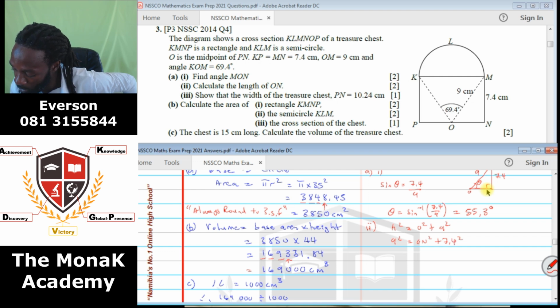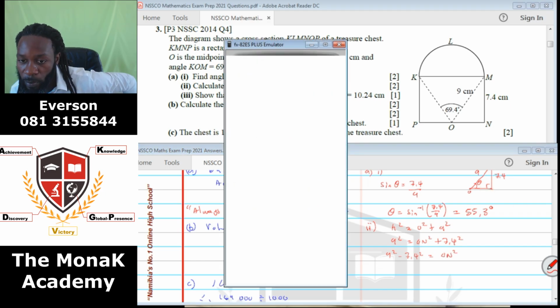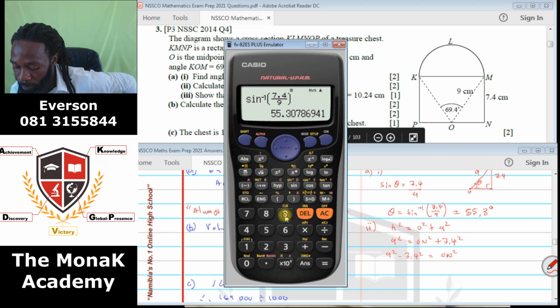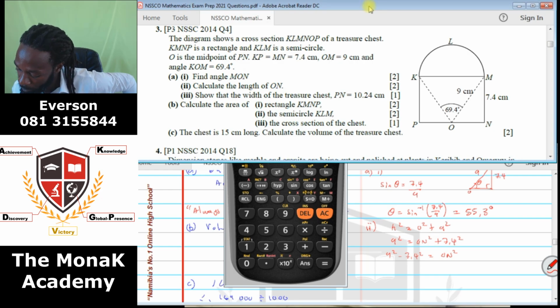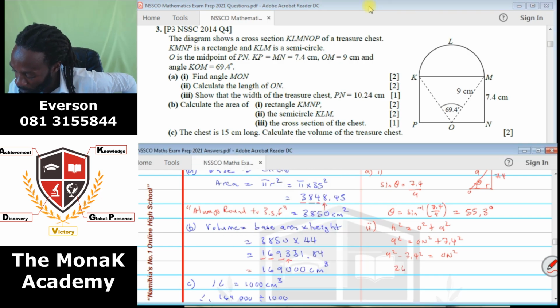So 9 squared minus 7.4 squared equals ON squared, which is 26.24.